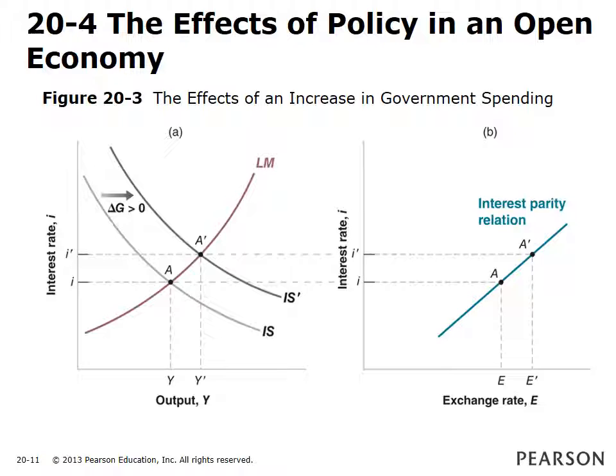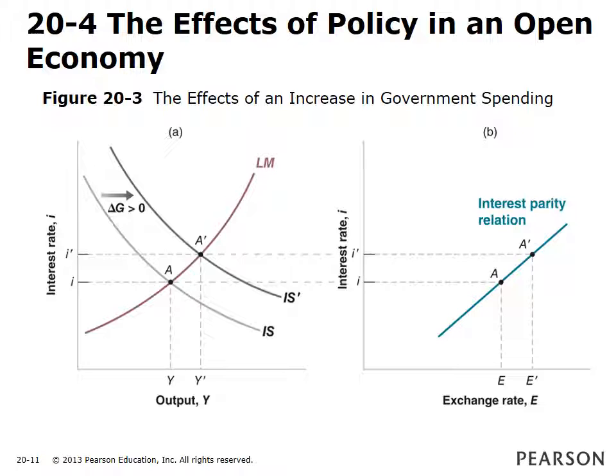LM does not shift. The new equilibrium is at point A prime, with a higher output Y prime and a higher interest rate I prime. In panel B, the higher interest rate leads to an increase in the exchange rate. So an increase in G leads to an increase in output, an increase in the interest rate, and an appreciation.